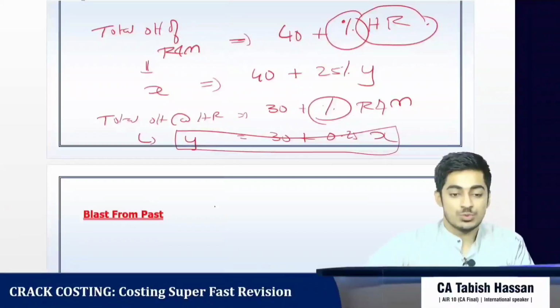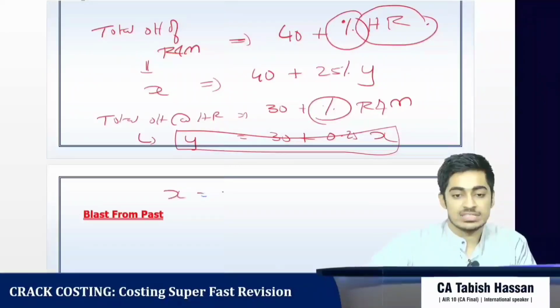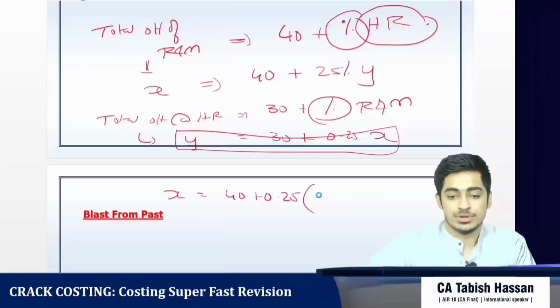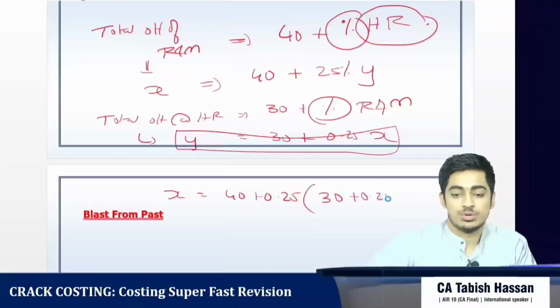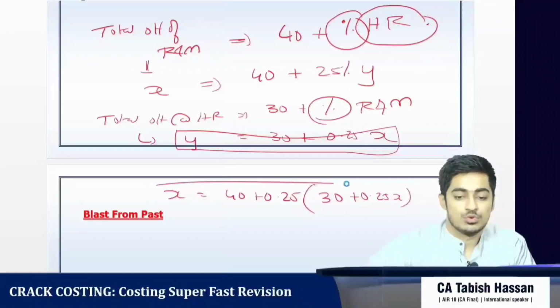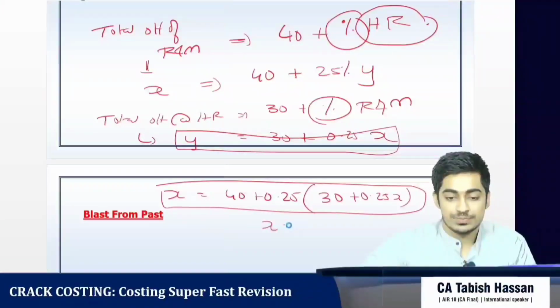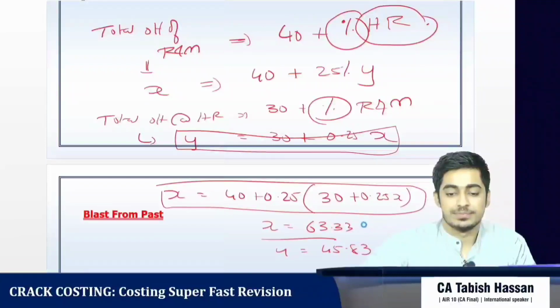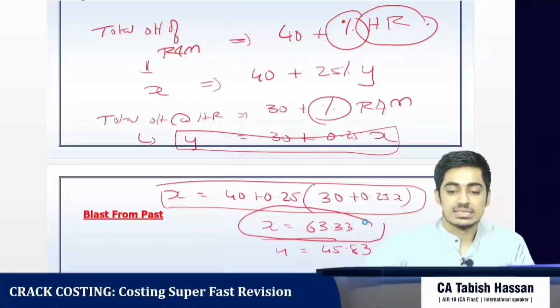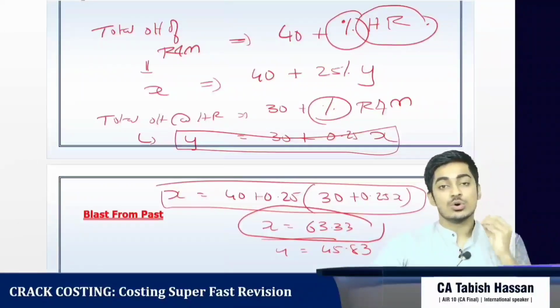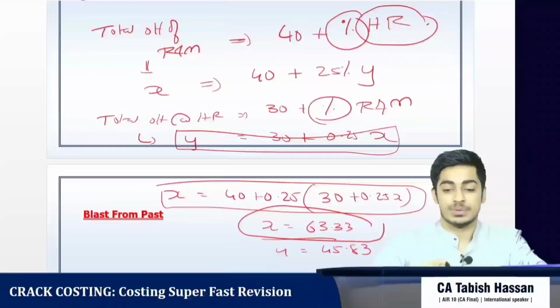We substitute one in the other, so we get X is equal to 40 plus 0.25Y. Instead of Y we put 30 plus 0.25X. While we substitute this, we get X is equal to 63.33 and Y is equal to 45.83. So what is this X? This is the total overheads in the service department, including the share of the other department.